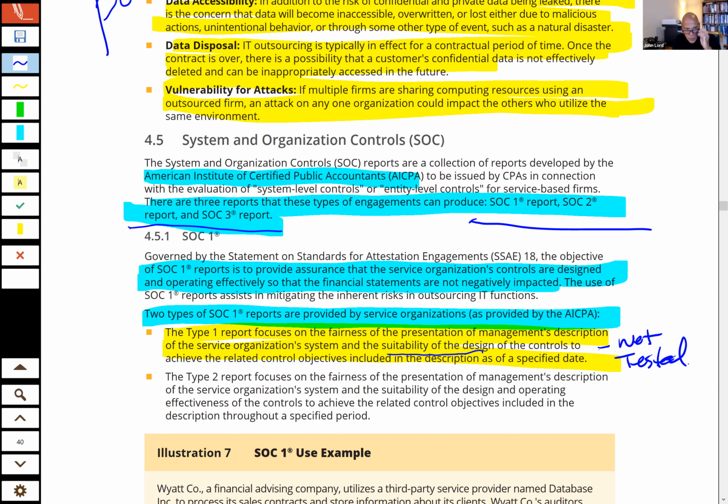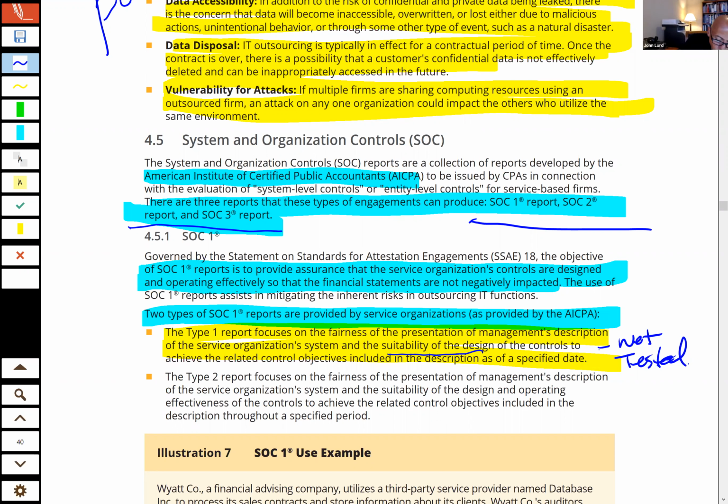If you're an auditor and you get that service provider report and it's an SOC1 type 1 report, that means you'll still have to do the full amount of substantive testing because they haven't tested the operating effectiveness of the controls.